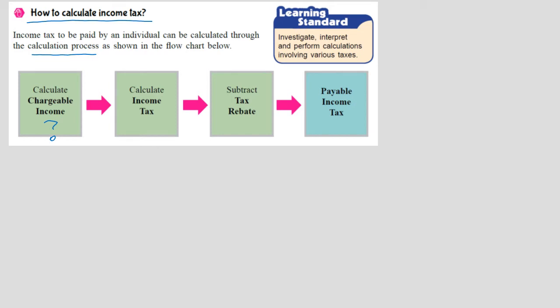After that, you can calculate your income tax. There is a table given to you, and then you will know how much you have to pay. And then after that, for your income tax, you have to subtract the tax rebate. What is tax rebate? We'll see later. And after you subtract, this is the payable income tax.